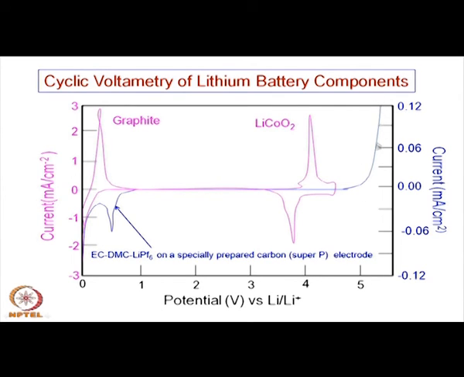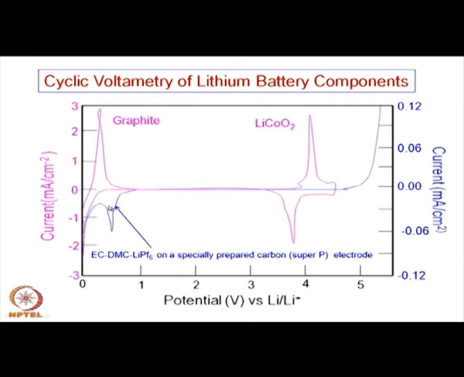More and more current passes through, and some electrochemical phenomenon takes place at a very low voltage. Otherwise, it is a fairly stable material at different voltages.